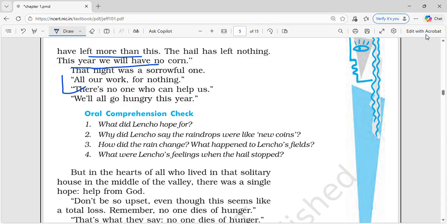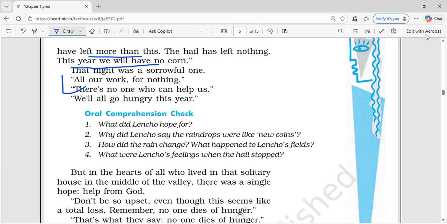Because the rain meant good crops and money for his family, and he said that the big drops were like 10 cents and the small drops were like 5 cents for his family.